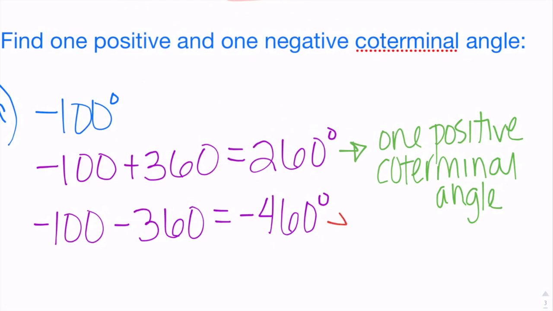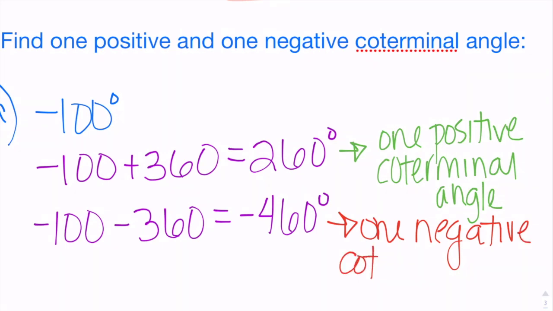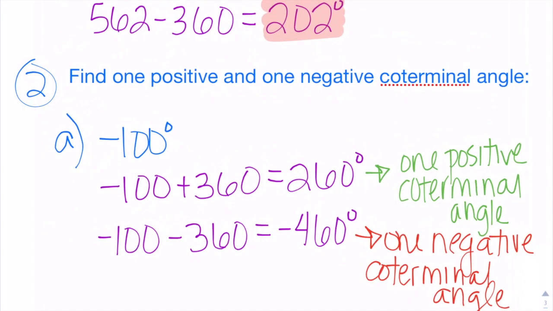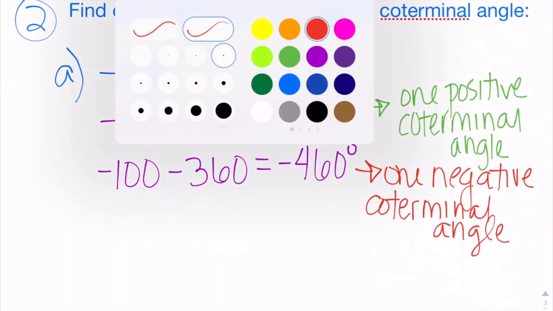And so this negative 460 degrees is my one negative coterminal angle that I needed. Again, you could continue to subtract 360 and get other negative coterminal angles, but why do more work than you have to? So I stop there.